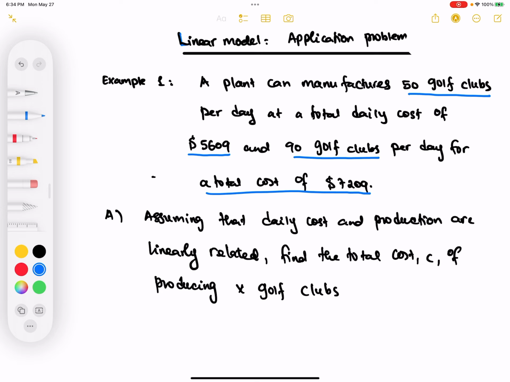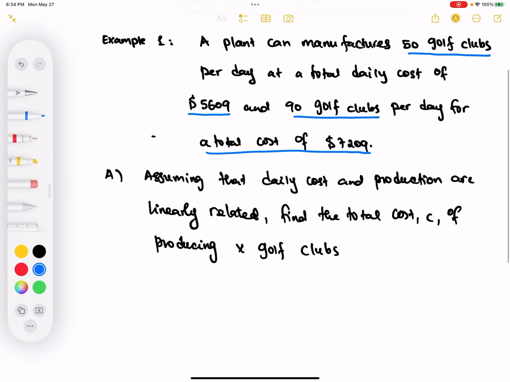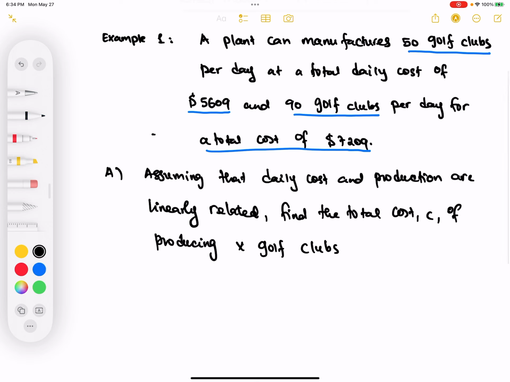So we are applying the linear equation in order to get an equation that relates the cost and the club, that is, a golf club. From this problem, you can see that 50 is golf clubs, the cost is $5,609.